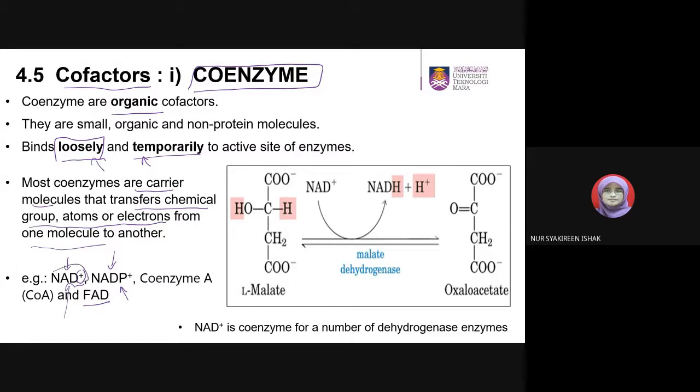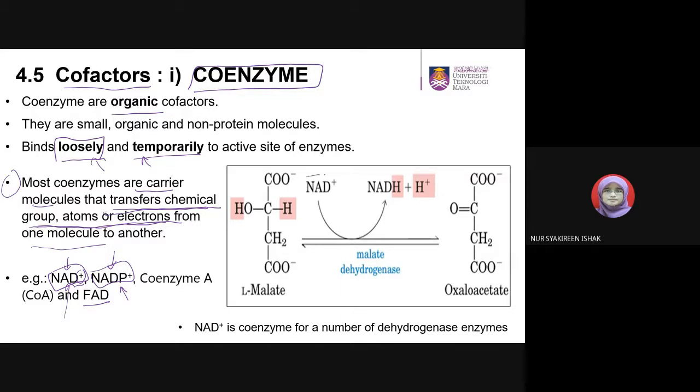Okay, so these are really important molecules that we are going to look at in the next chapter. If you look at how the coenzyme works, it says most coenzymes are carrier molecules that transfer, highlight that, transfer chemical groups, atoms or electrons from one molecule to another.